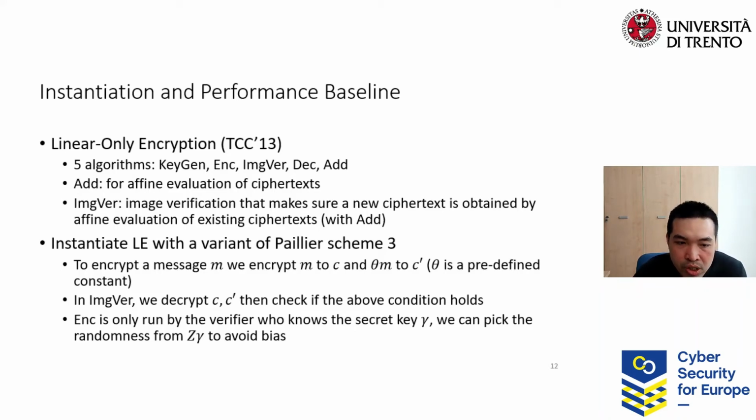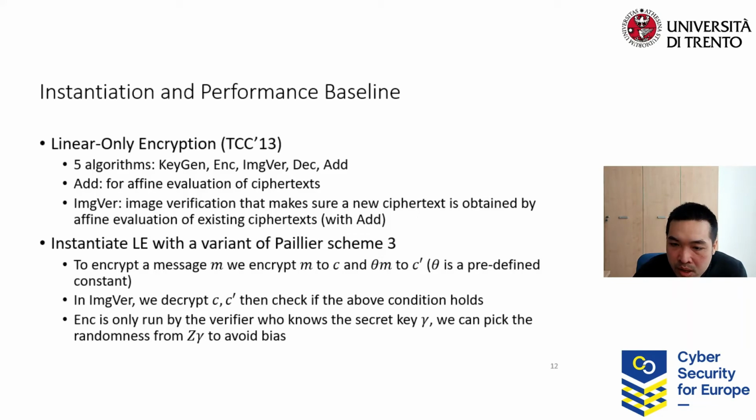To instantiate an LE scheme, we can use a variant of the Paillier encryption scheme. The first modification is whenever we encrypt a message M, we encrypt M and also theta M, where theta is a predefined constant.